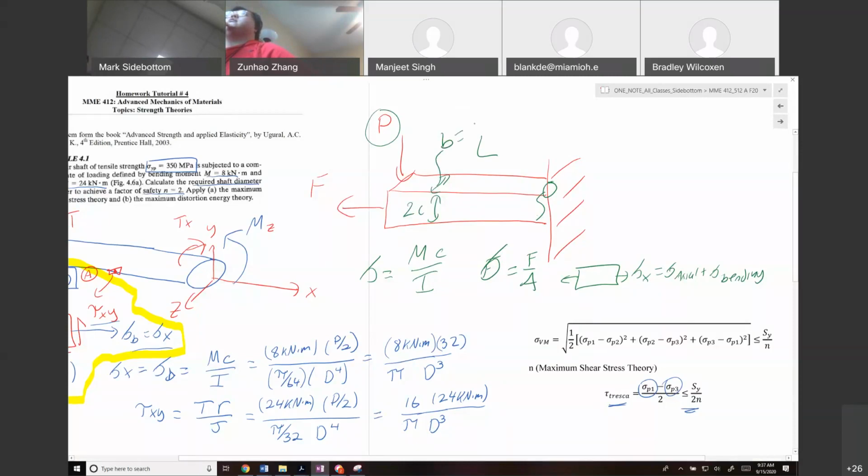So b would have to be some known constant. And then you could determine what c would have to be in order to solve for the appropriate sigma x in order to prevent failure. Does that make sense?